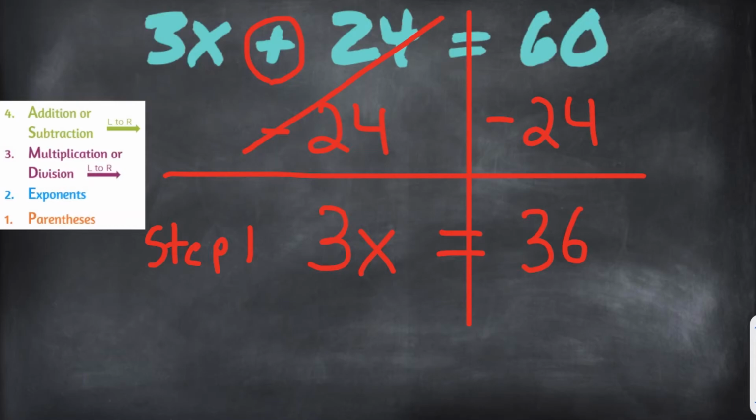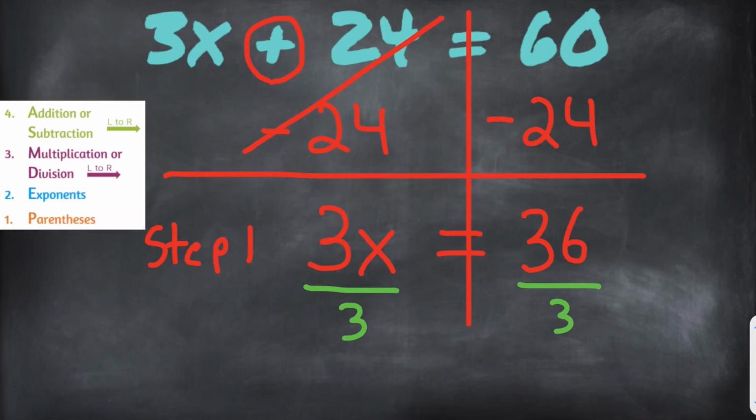However, because there are two operations, we have two steps in this problem before we solve for x. So step 2, we want to get rid of this multiplication. So the inverse operation of multiplication would be division. So I have to divide each side of my equation by 3.